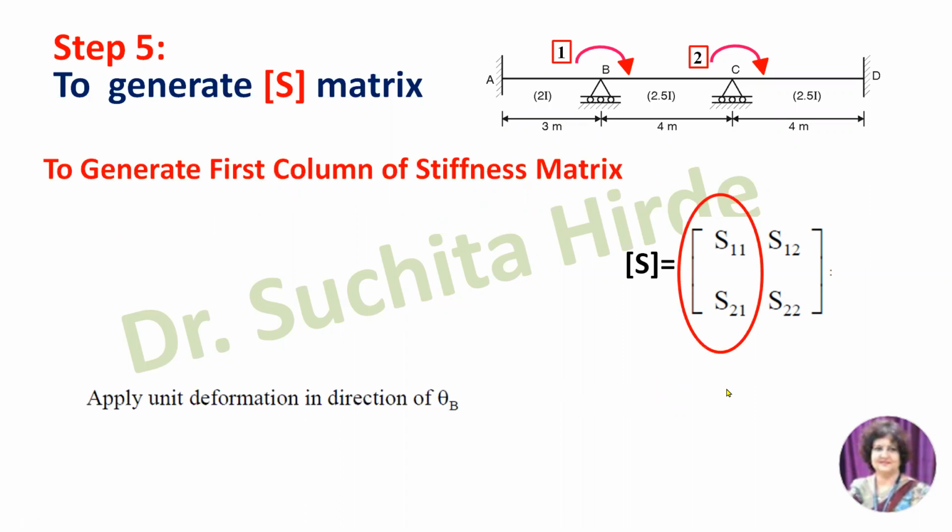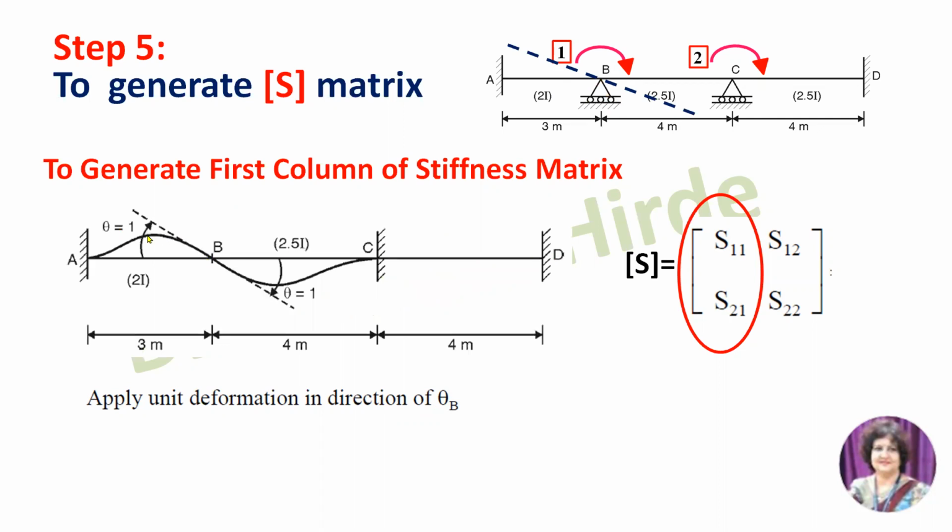So the stiffness matrix will have size 2 by 2. We first generate the first column of the stiffness matrix. That means first we will calculate S11 and S21. For that we have to apply deformation in the direction of theta B. So if you rotate this beam at B in this direction, in the direction of the coordinate, then this beam will deform something like this.